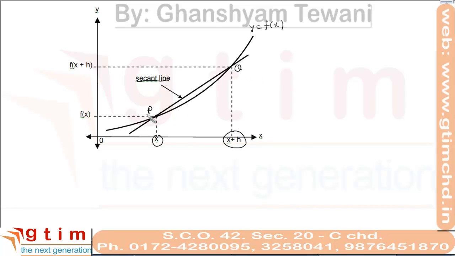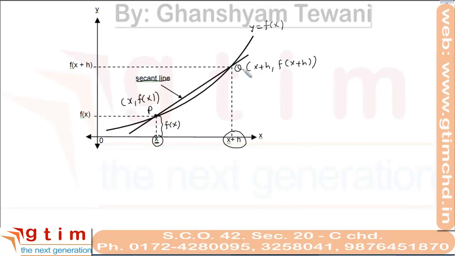Now the point P is on the curve, so the y coordinate of this point will be f(x) when the value of abscissa is x. Or we can say this height is f(x). Then the coordinates of point P are (x, f(x)), and those for point Q are (x plus h, f(x plus h)).